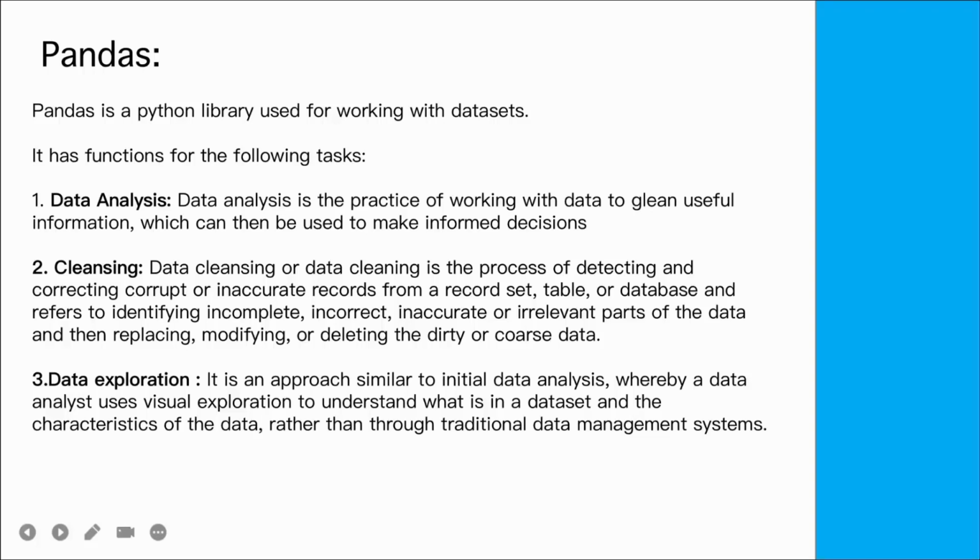The second is cleansing. Data cleansing or data cleaning is the process of detecting and correcting corrupt or inaccurate records from a record set, table, or a database, and it refers to identifying incomplete, incorrect, inaccurate, or irrelevant parts of the data and then replacing, modifying, or deleting the dirty or coarse data. So in cleansing, we correct the wrongly processed data.